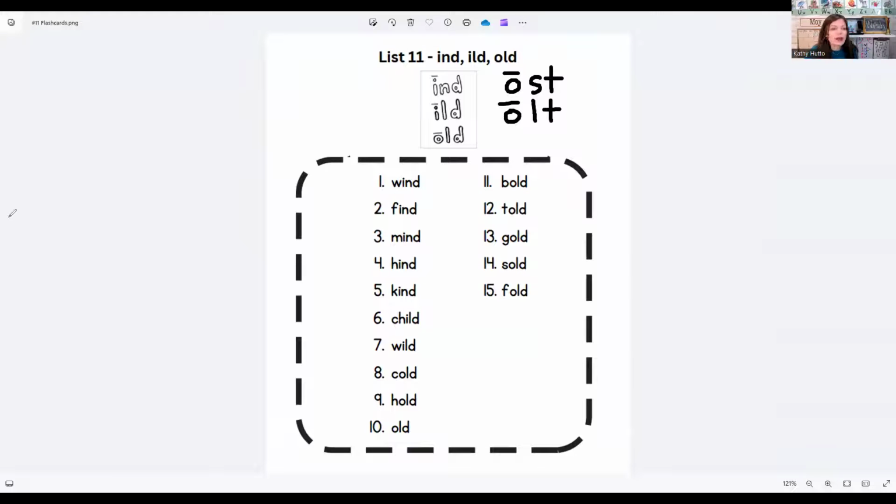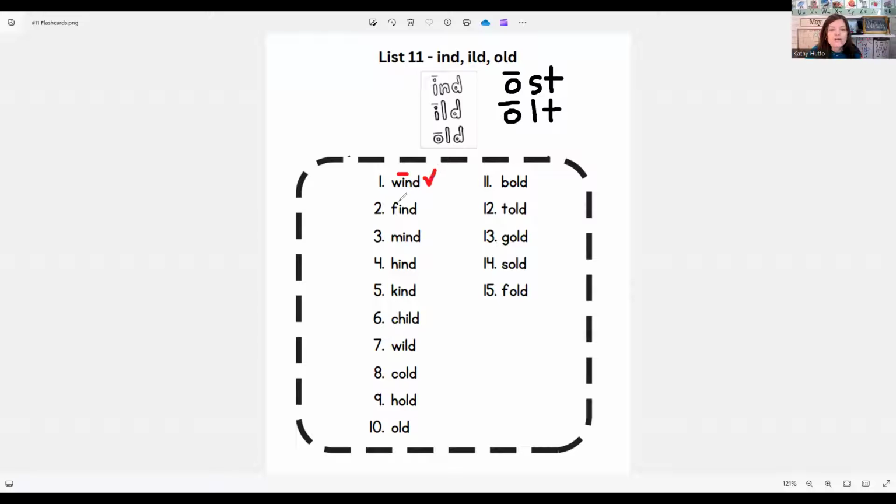Okay, I think we're ready to read. Let's look at number 1. Now this one has WIND. Wind, wind, like you wind up a clock.